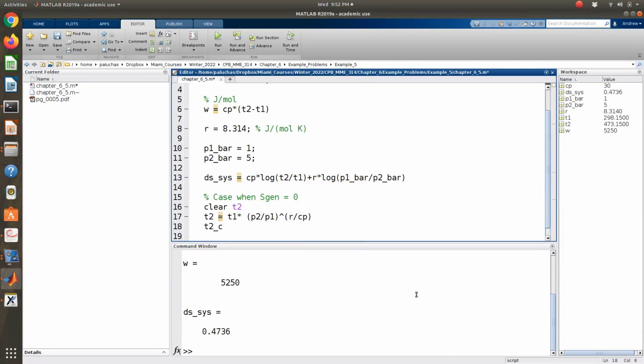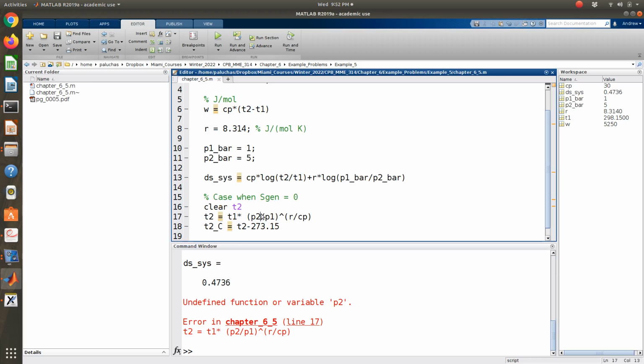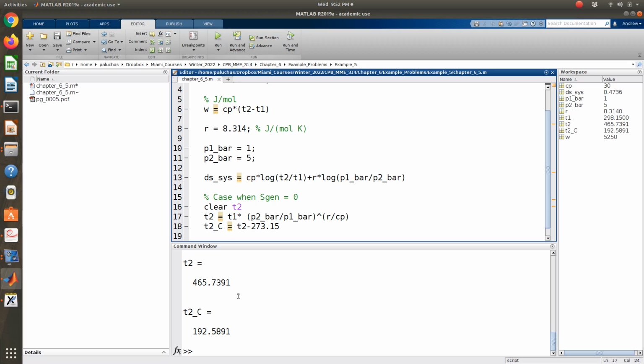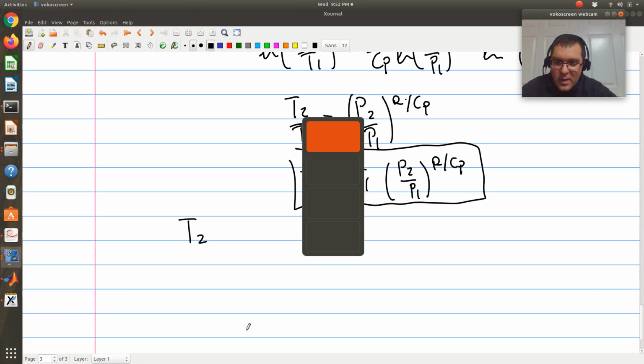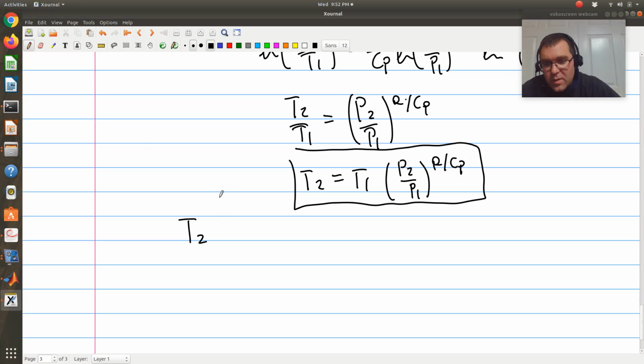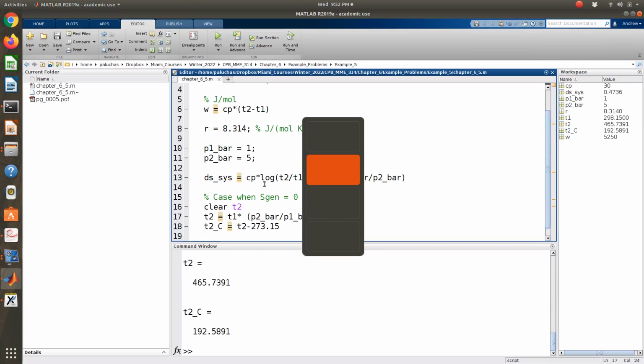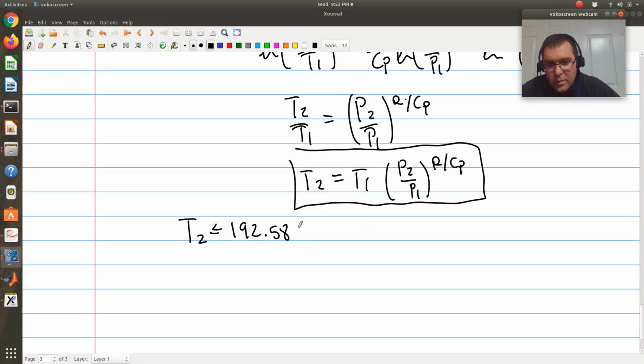If I want to get it in degrees C, just for illustration, that would be T2, which I just calculated, minus 273.15. Let's try again. All right, so I get T2 in degrees C as 192.5891.